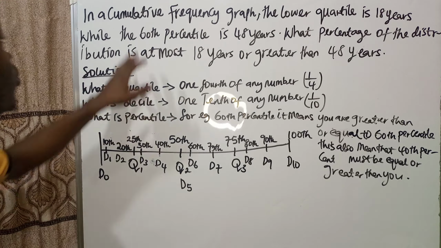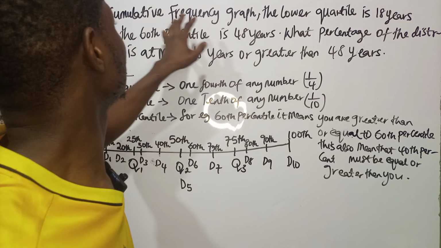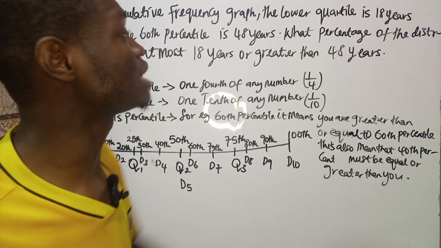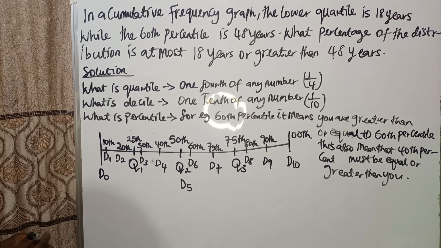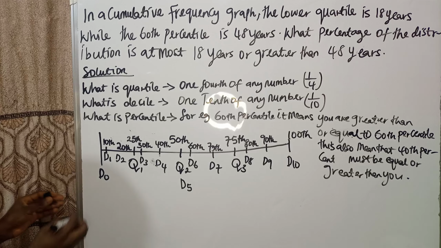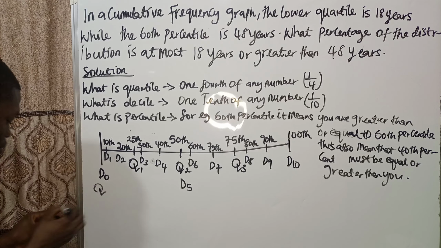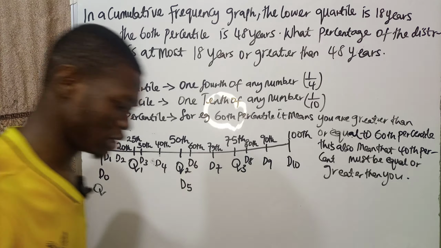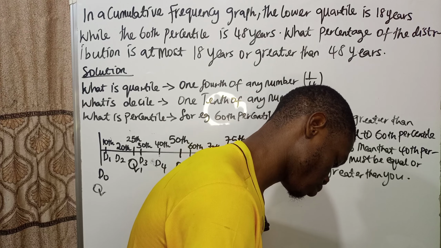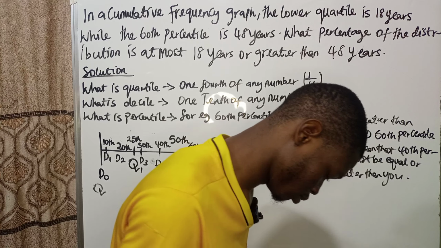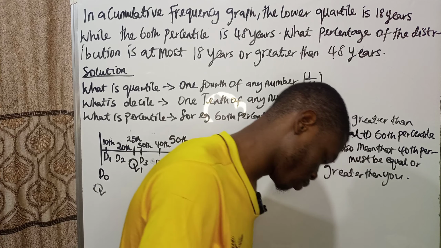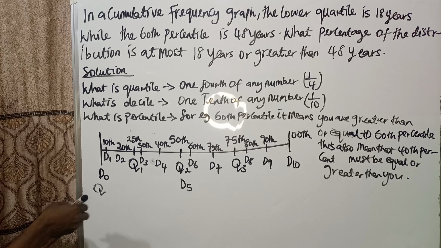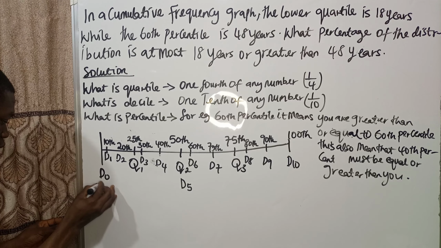Now, coming to this question, we say that in a cumulative frequency graph, the lower quartile is 18. Lower quartile is what? Okay, I did not write it. Okay, wait, I'm coming. Q1, let me refill this map. Okay, Q1.